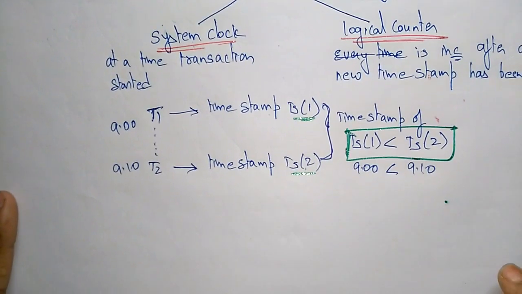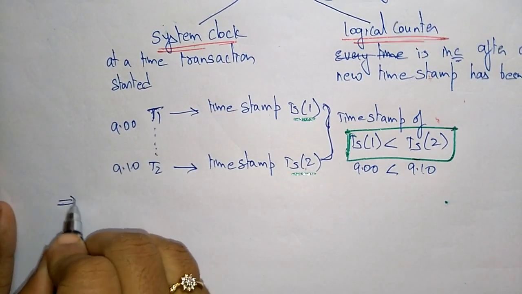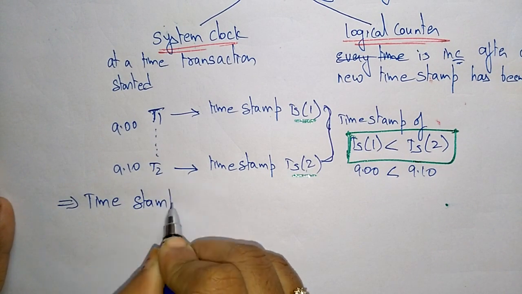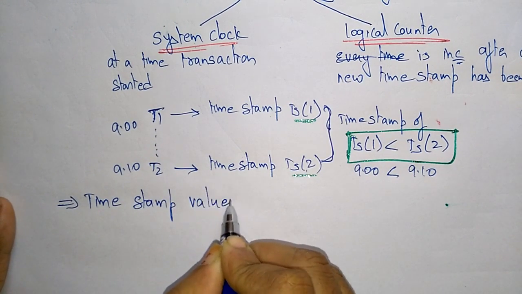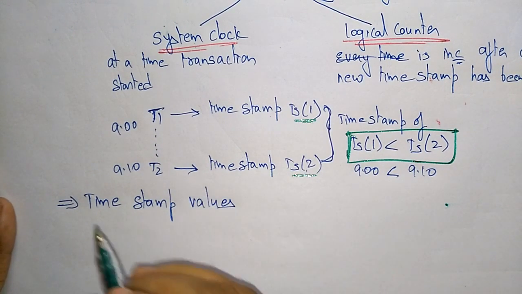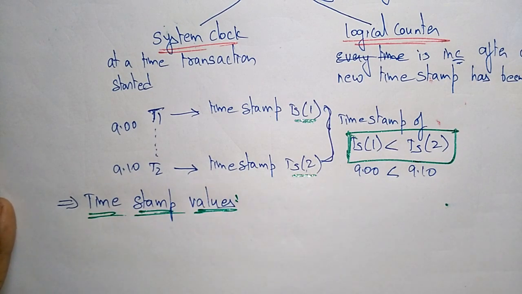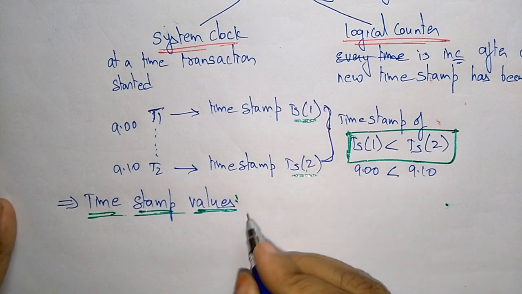Now coming to the timestamp values. So what are these timestamp values? There are two values, read timestamp and write timestamp.